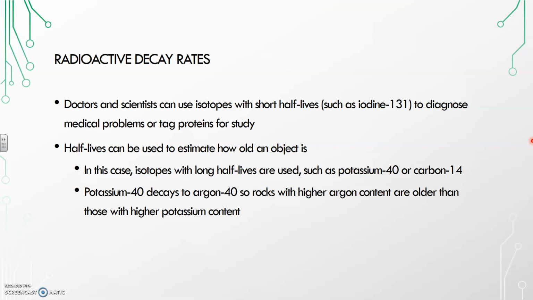Potassium-40 actually decays to argon-40. So rocks with a higher argon content are older than those with more potassium content, because these are rocks that don't contain argon to begin with. So any argon that's present in the rock came from potassium-40 decaying.